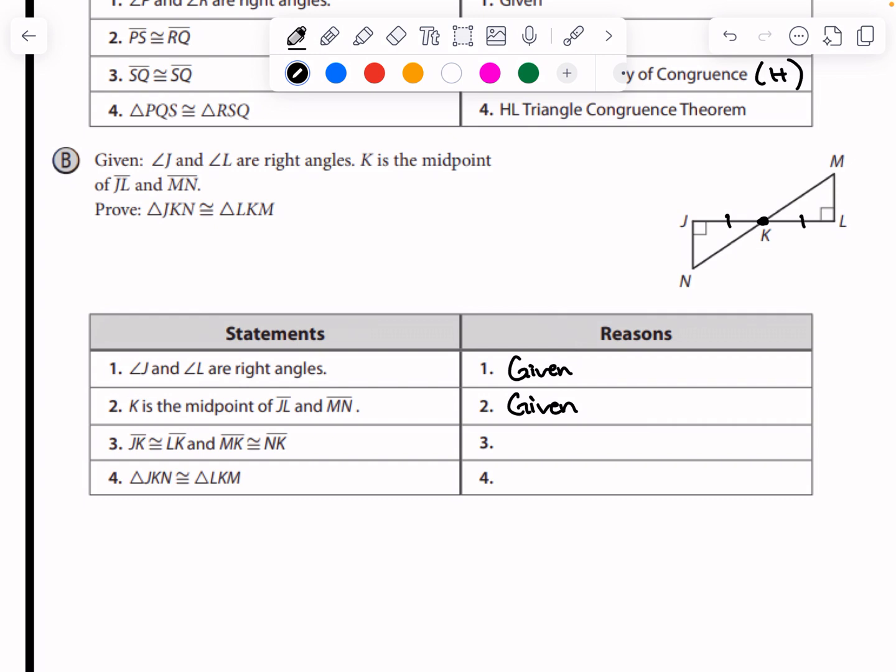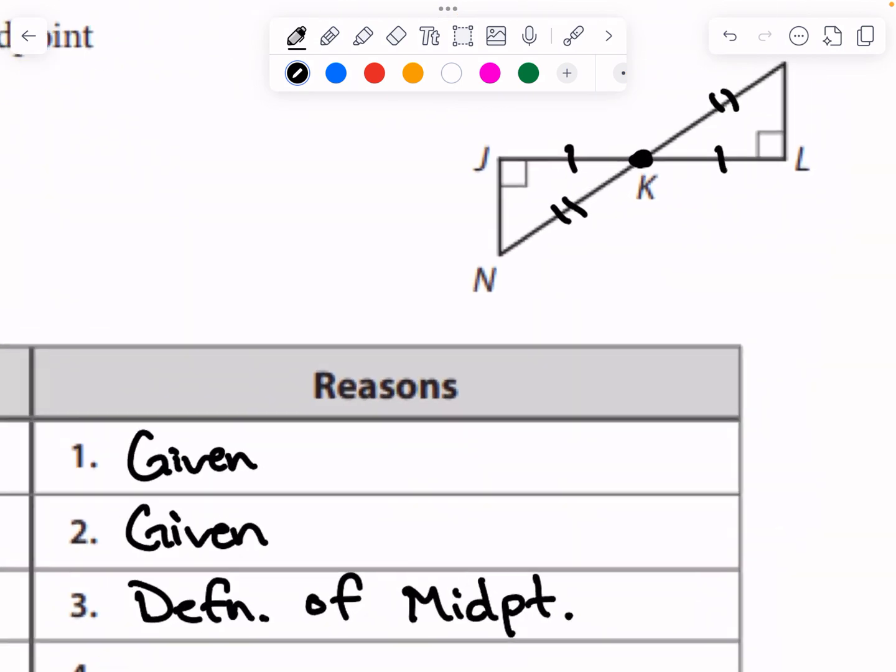And also MK right here is congruent to NK right here. So we already have them listed here and here. And how do we know that they're congruent? You should hopefully figure out that it is definition of, fill in the blank, it is midpoint. Definition of midpoint.